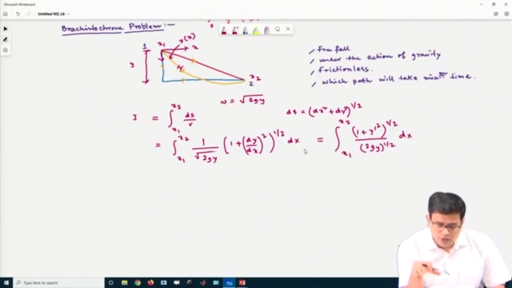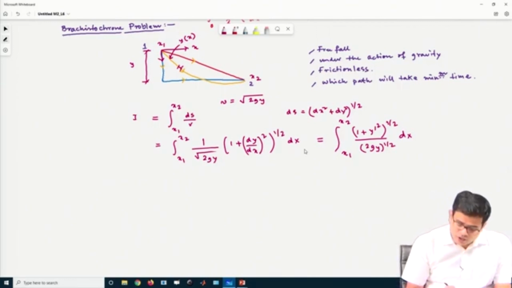I will not go into the detail of this problem, rather I will explain the idea behind calculus of variation.